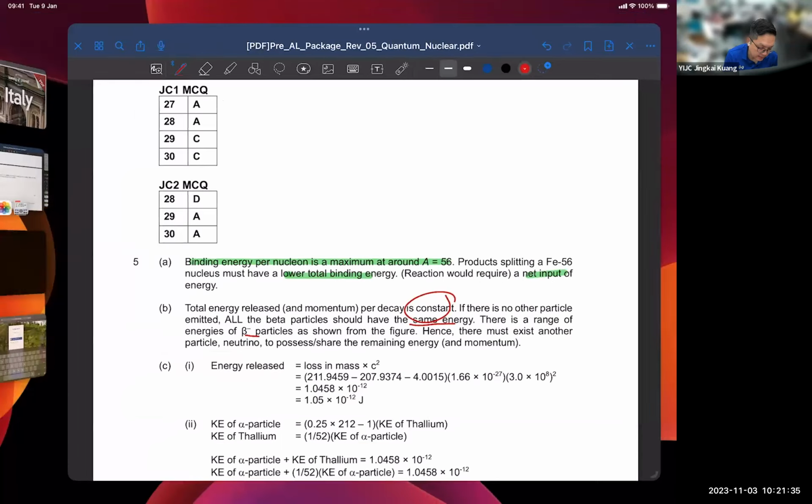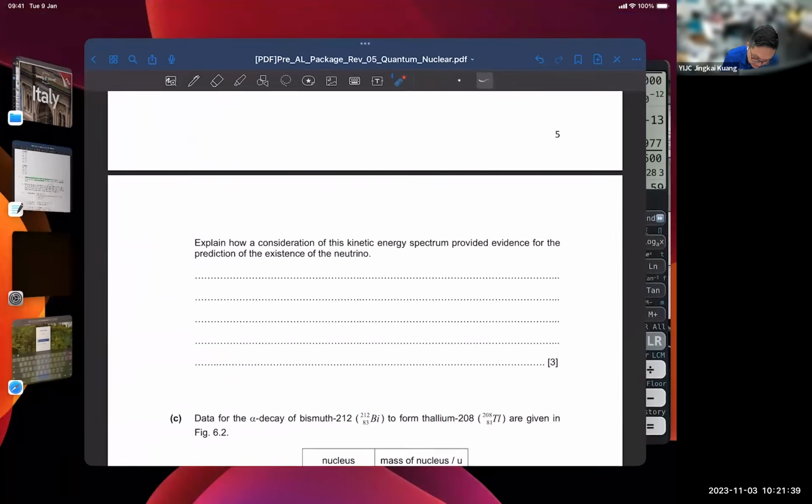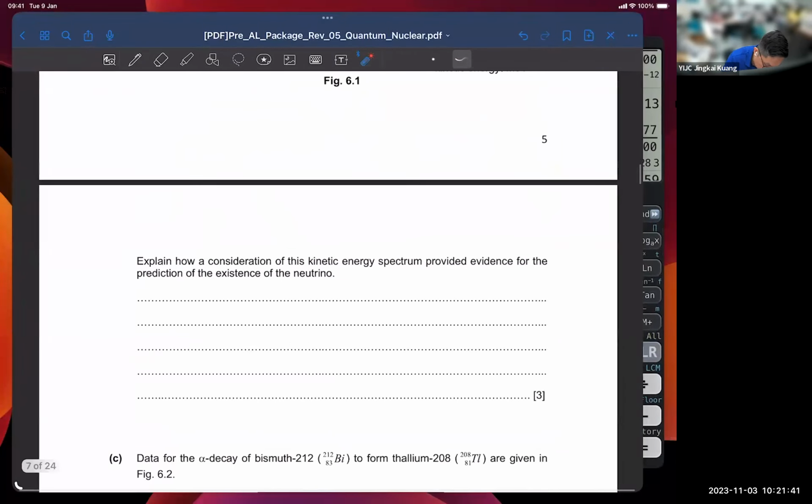So in this case, instead of just gold here and beta here, one goes this way, one goes that way. Remember, we must have conservation of momentum.